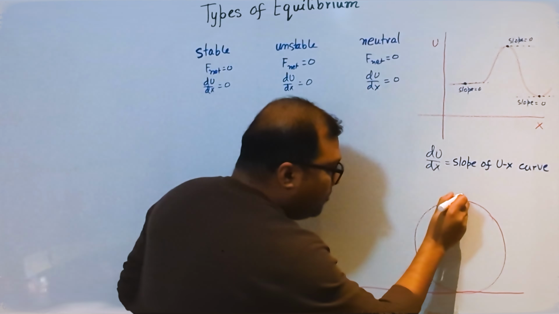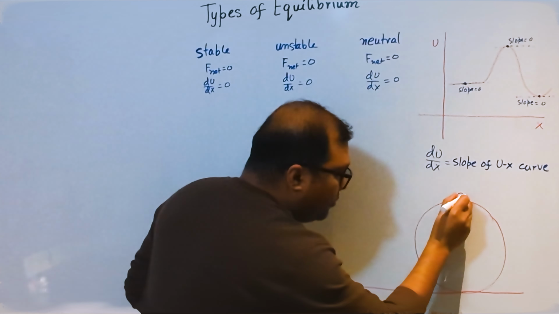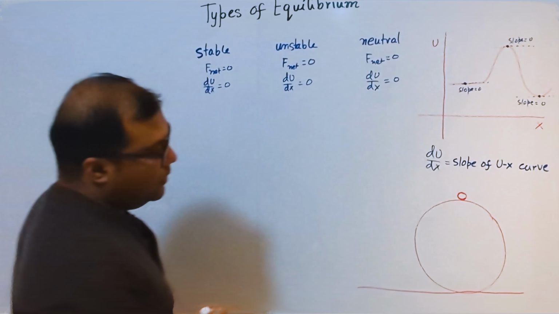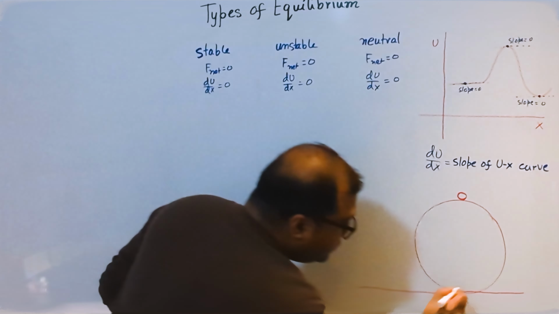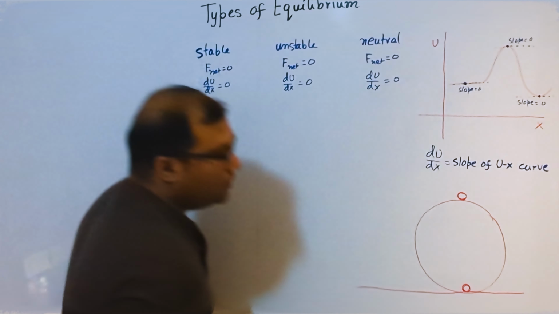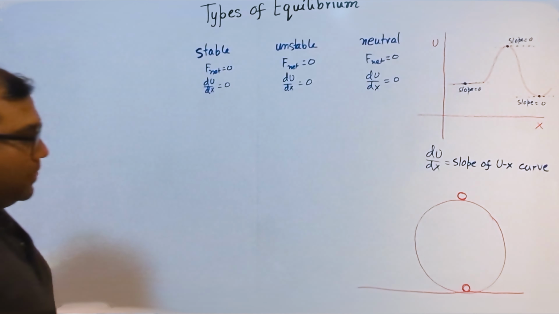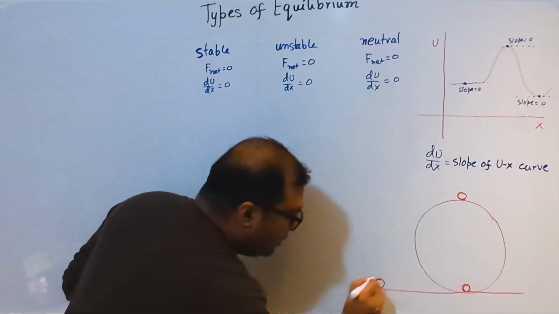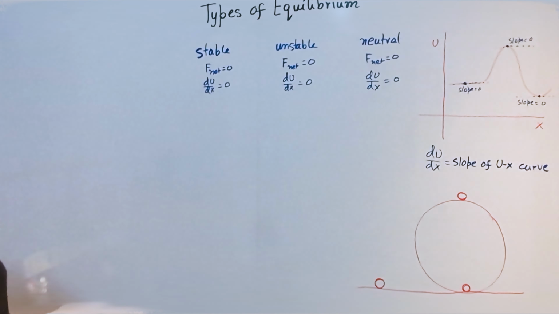Let's say we somehow balance a small ball on top of the sphere. And we also keep the same ball inside the sphere. And then the third case is when we keep the same ball on a flat ground.